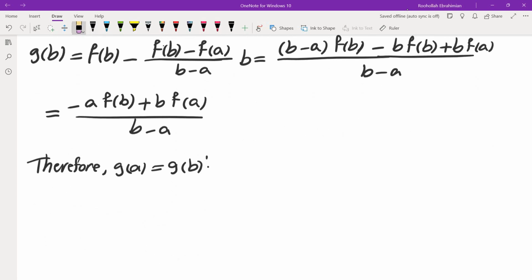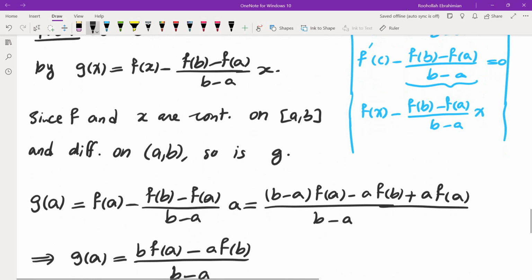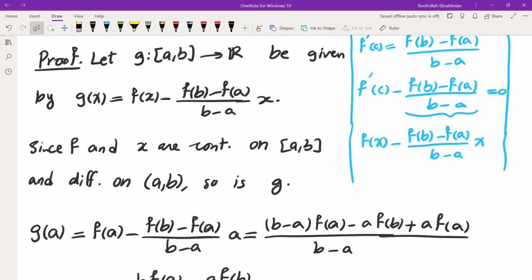So by Rolle's theorem, there is some c between a and b such that g prime of c is equal to 0. But g prime is just f prime minus that constant.